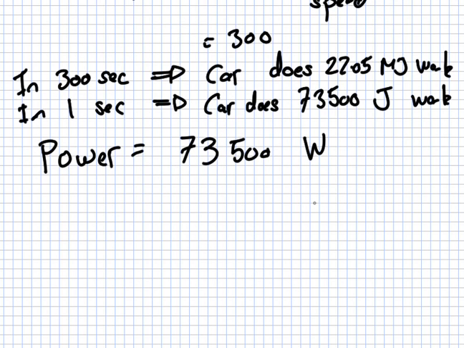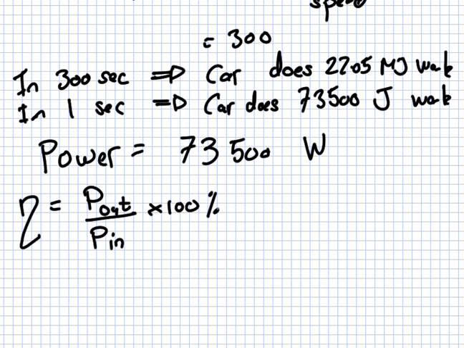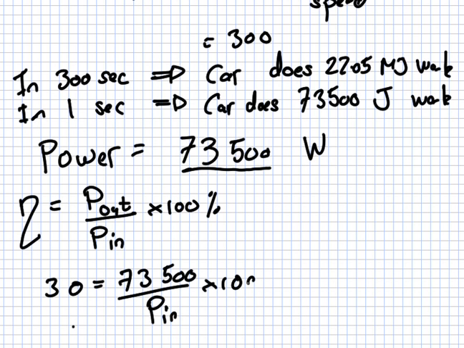Okay, now we can use the formula efficiency equals power out over power in times 100%. So here we have 30 equals. Now, what do you think? Is this the power out or the power in? Final answer? Which, out or in? Oh. Out. It's power out over power in times 100.